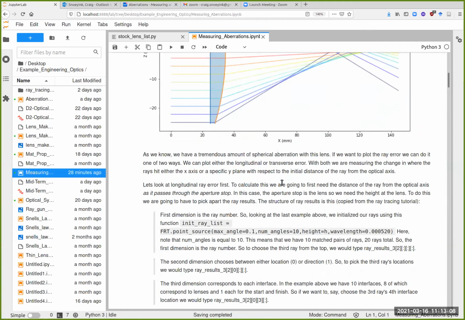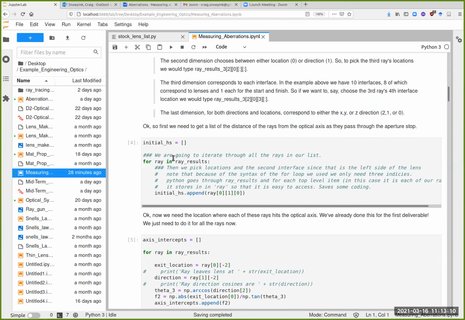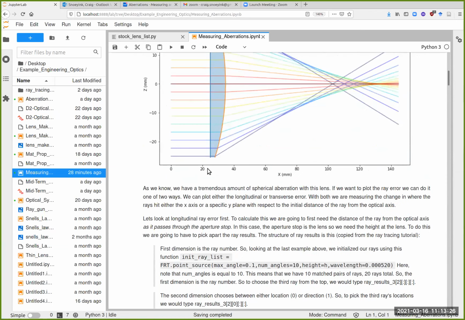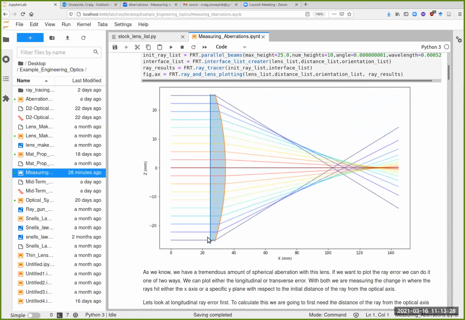Okay? So to do that, we have to figure out the initial heights of our rays, right? Where do our rays start from? Because remember, we're plotting all of our results as a function of our ray height as it goes through our aperture stop, or really actually through our exit pupil.